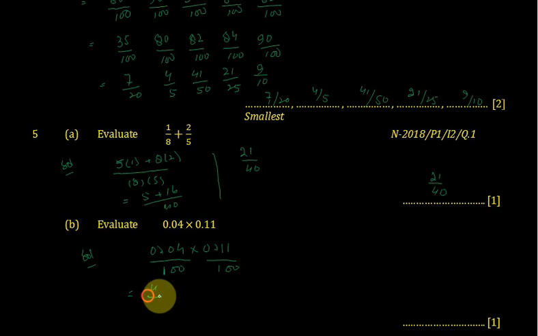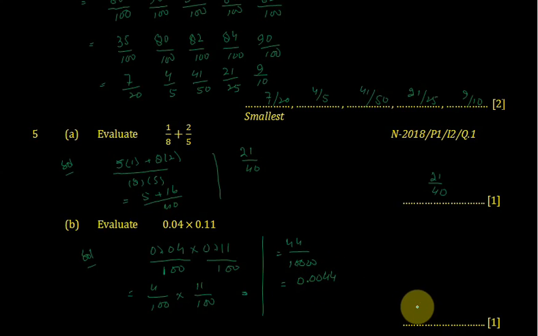So it becomes 4 upon 100 multiplied by 11 upon 100, so it becomes 44 upon 10,000. Now it can be written as 1 2 3 4, 1 2 3 4 and 1 0. So it is quite easy to convert this number into the simplified number.